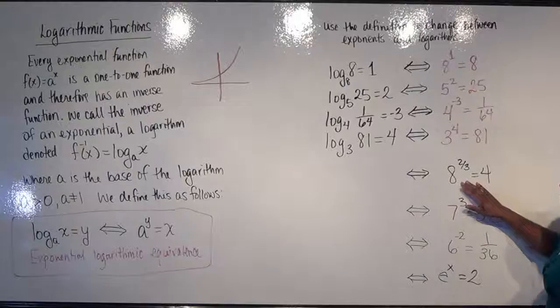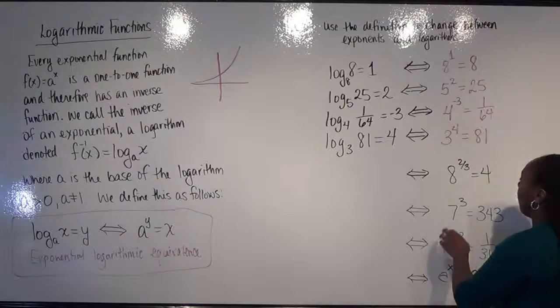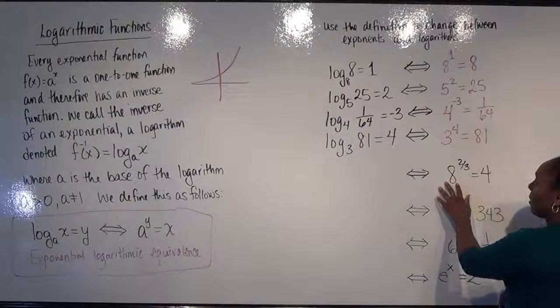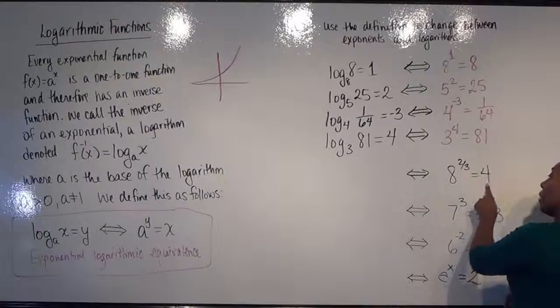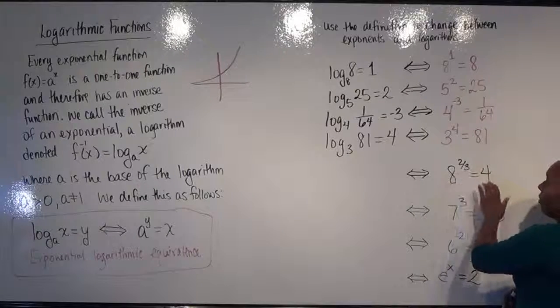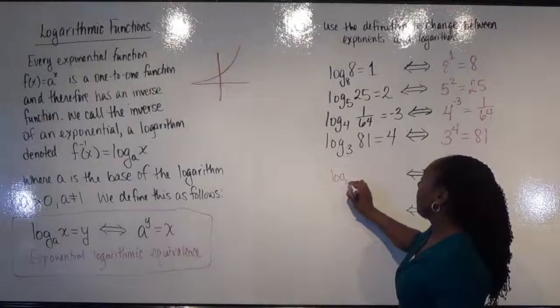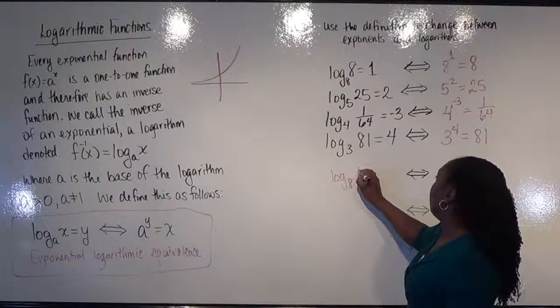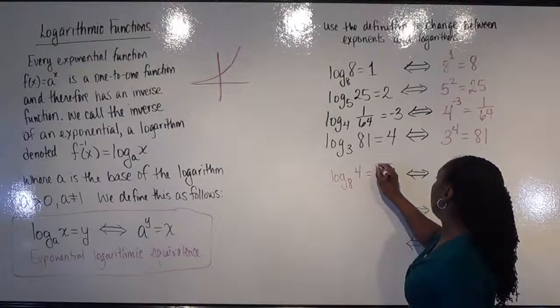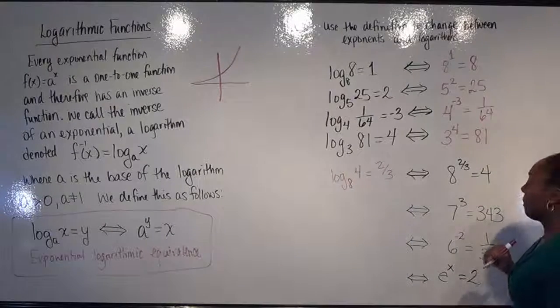Okay? So here, if I start with the exponential form and I try to go back to the logarithm, again I need to know what the base is, what the answer is, and what the argument of the logarithm are. So if I'm looking at 8 to the 2/3 power equaling 4, this says that log base 8 of 4 is going to equal 2/3. Okay.